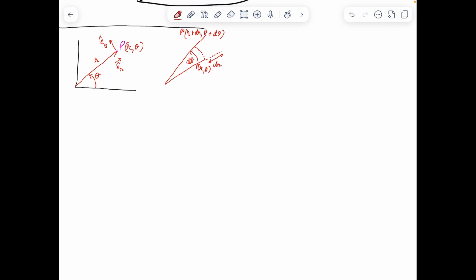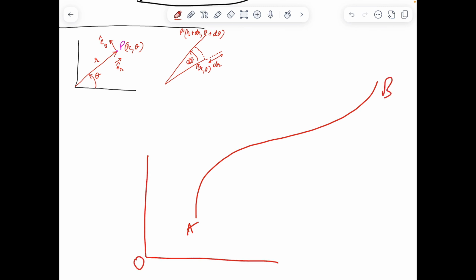Okay, so let's now discuss the force in this setup. Let's again consider the general case. Let's say the point moves along this line AB, right? We have this origin, and we consider the point P, and the force is, let's say, in this direction.